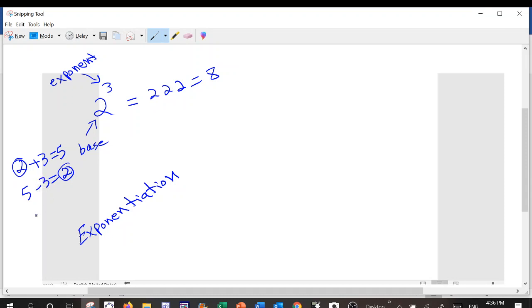Same is true for multiplication. Let's say I take 2 and multiply it by 3. I get 6. So what do I do to 6 to get my 2 back? Well, I have to divide by 3.